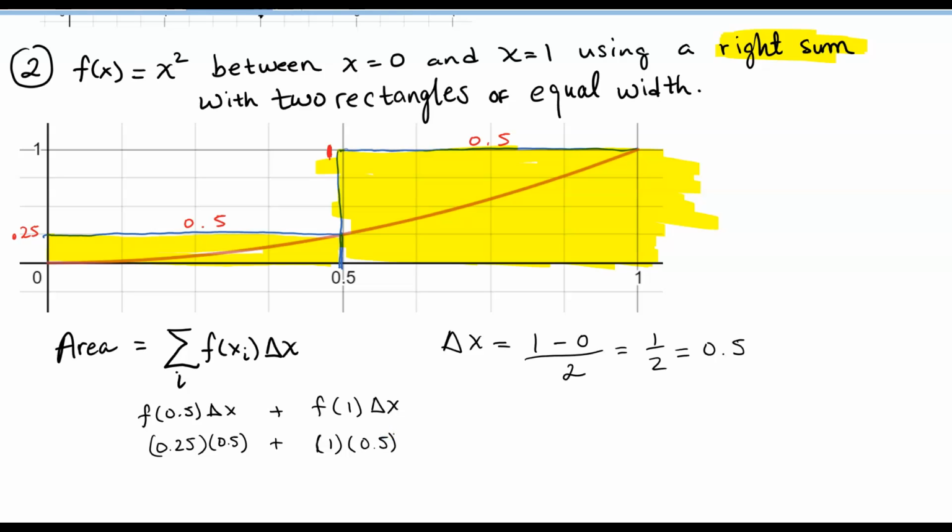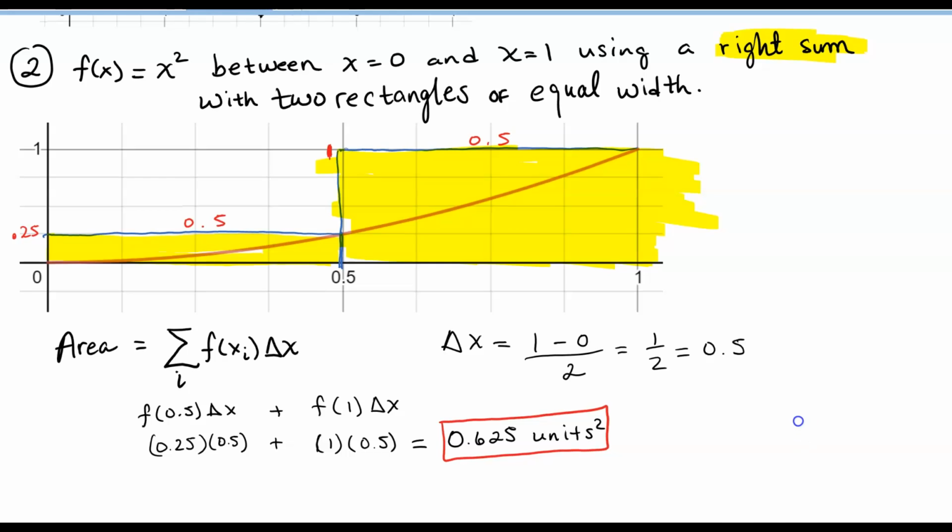We multiply and add it up, and we get 0.625 units squared. So that serves to be our area under the curve from 0 to 1 using 2 rectangles of equal width and using a right sum.